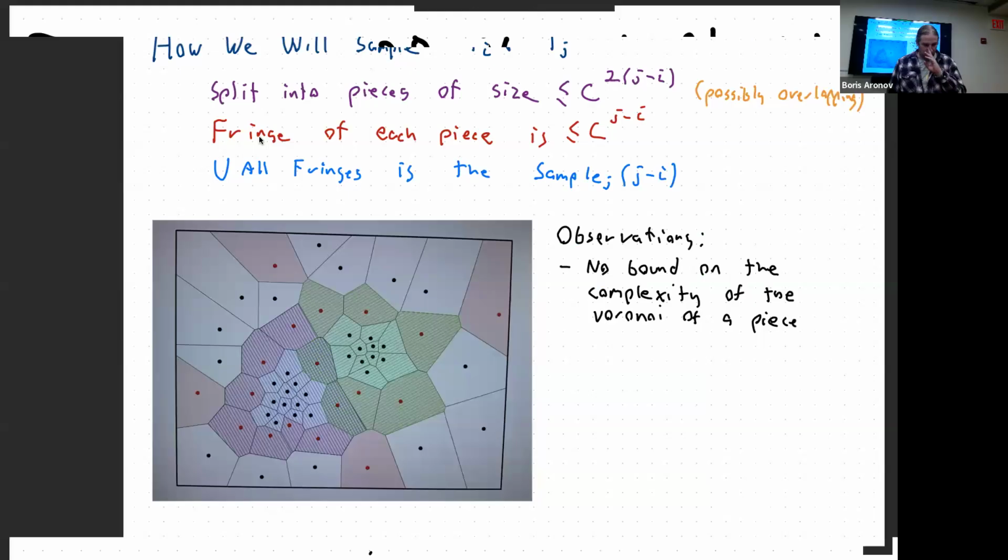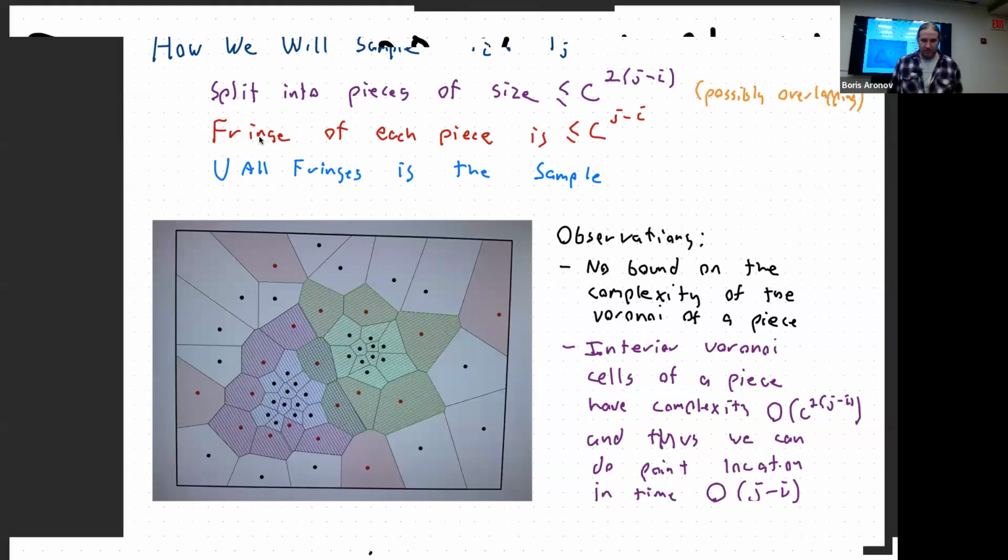So the observation is that there is no bound on the complexity of the Voronoi of a piece. As I said, if my x is j minus i, I can do point location in time order j minus i on the interior.